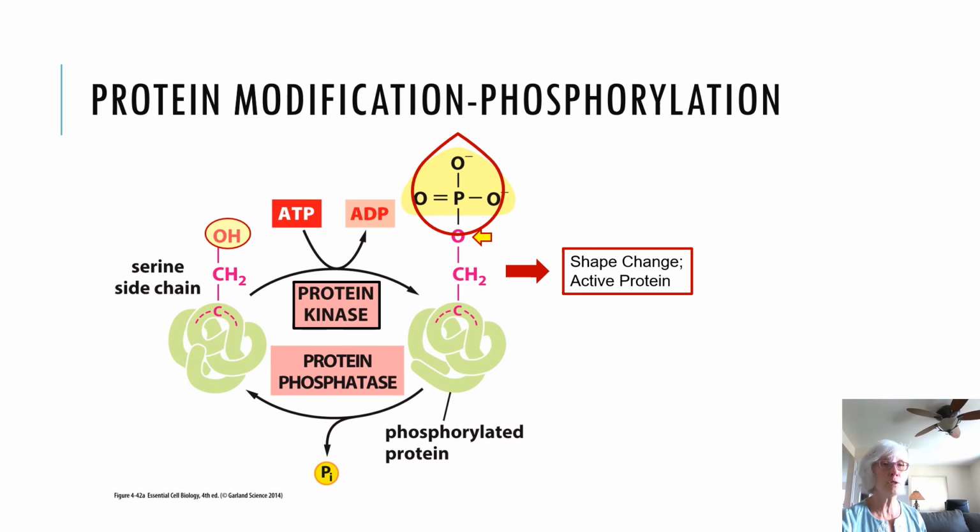This is a reversible reaction, and an enzyme known as a protein phosphatase can remove that phosphate group, returning the protein to its unphosphorylated form. And in this case, the unphosphorylated form is an inactive protein. So in this way, protein phosphorylation and dephosphorylation is a switch between turning a protein on and turning a protein off.